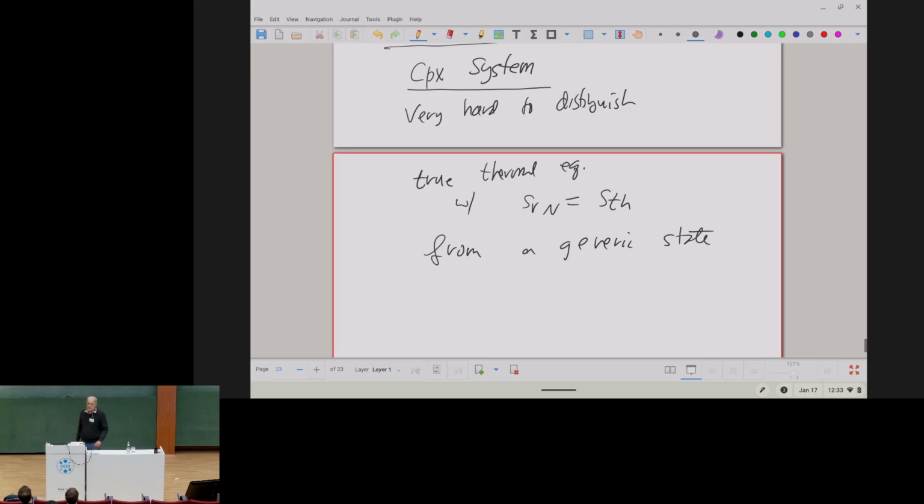That statement is actually why statistical mechanics is useful. Normally we have a generic state which we don't know the details of, and the only reason statistical mechanics is useful is that the details of exactly what the state was don't matter, because we're usually not able to make the measurements that we needed to distinguish the state we actually have from true thermal equilibrium.